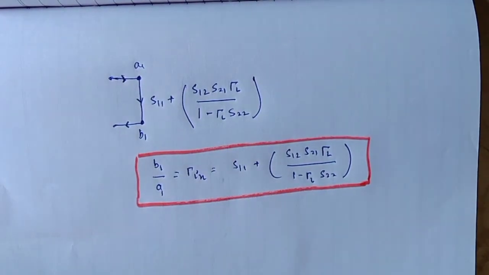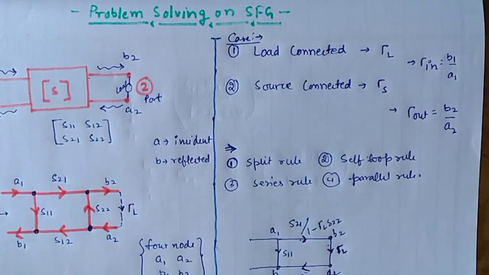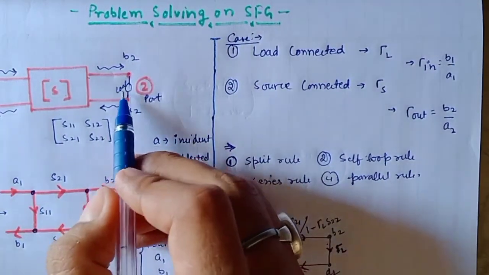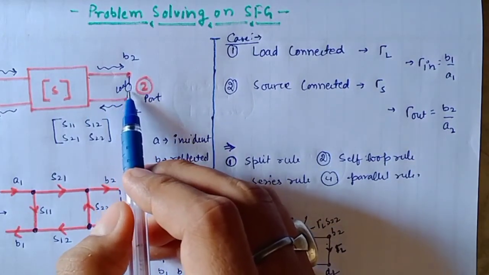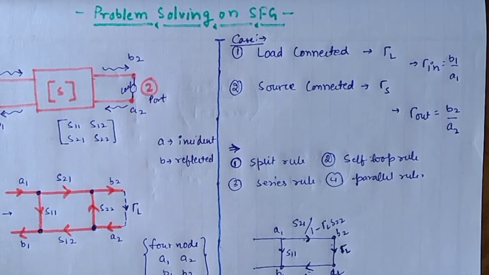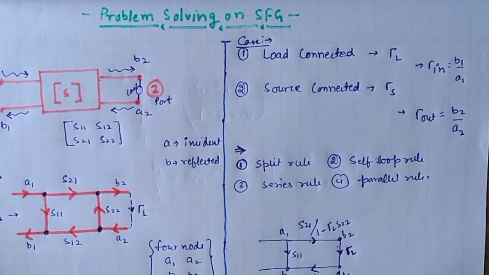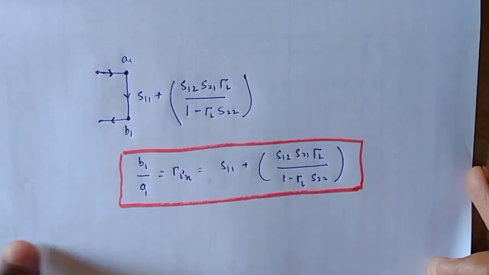The same way we can find the relation for gamma out. I will connect gamma s here, and I can find gamma out the same way by applying the split rule here, then the self loop, then again applying the parallel rule, and then adding both the terms.